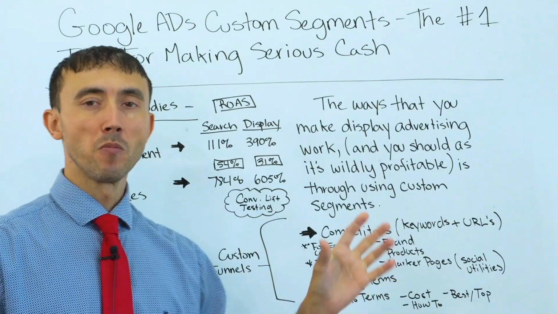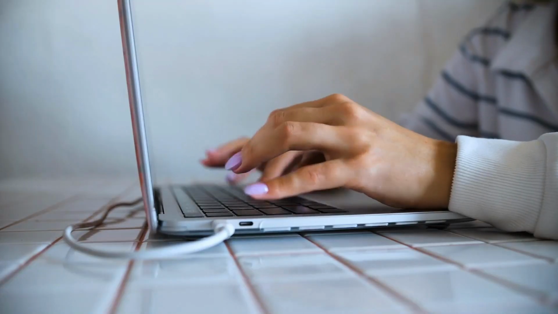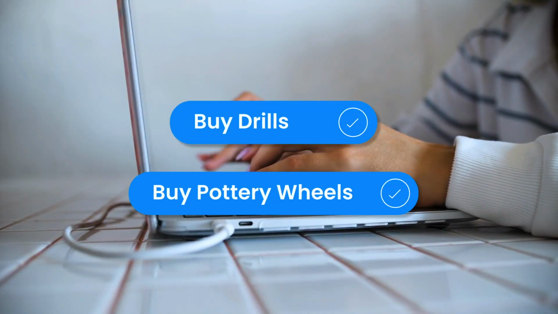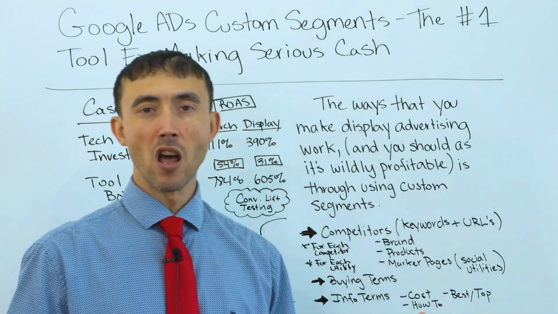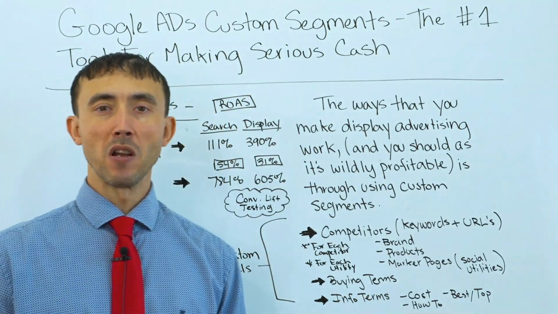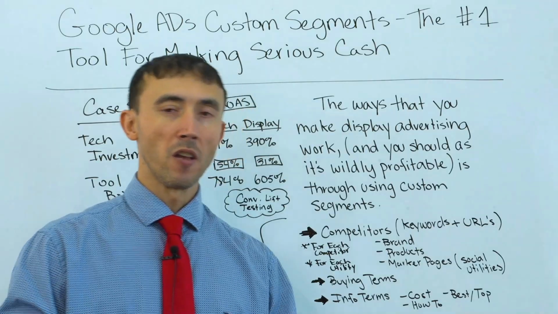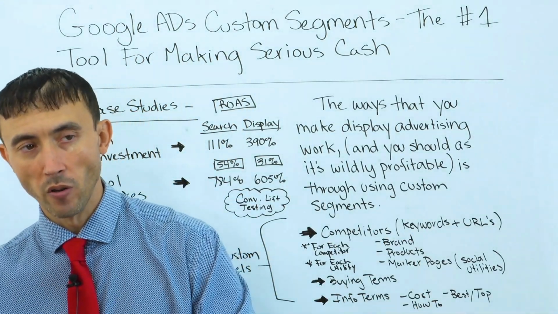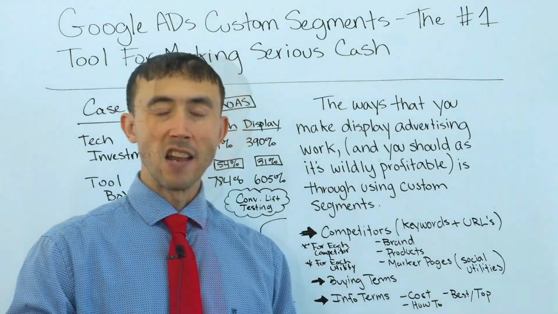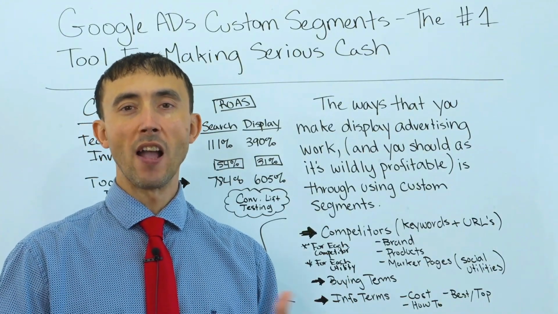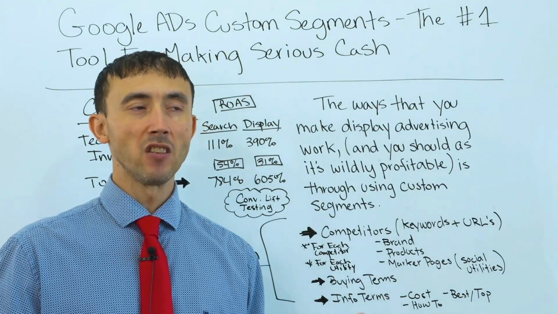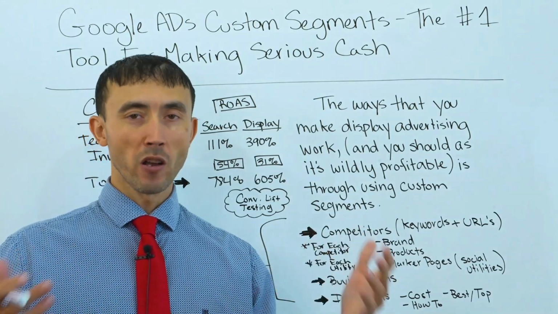So with buying terms, it's just like I said, you target people typing in buy drills, buy pottery wheels, whatever. You guys watching this and the public in general, to not target somebody who's looking for a drill or looking for a drug rehab center or looking for a new deck, and not target them with a really well-produced video ad saying why you're the best vendor in that space, you guys are just smoking crack.